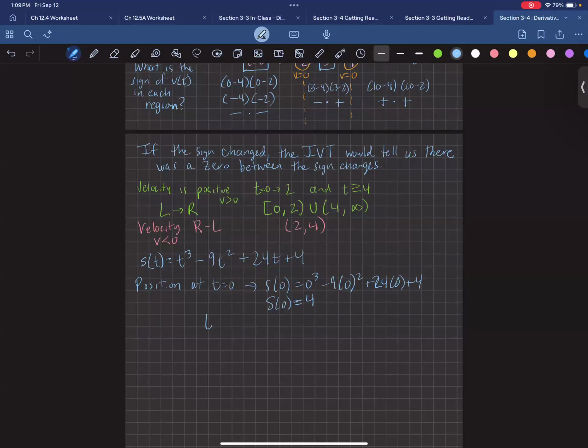At t equals 2, S of 2 equals 2 cubed minus 9 times 2 squared plus 24 times 2 plus 4. And when I do that, I get 8 minus 36 plus 48 plus 4. 12 plus 8 is 20, plus 4 is 24.